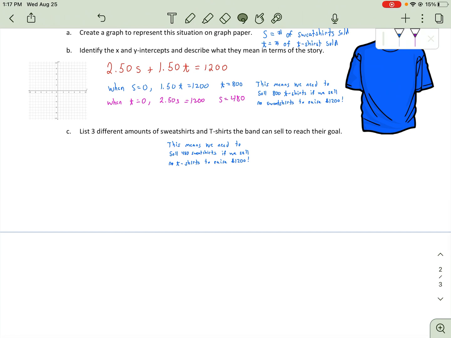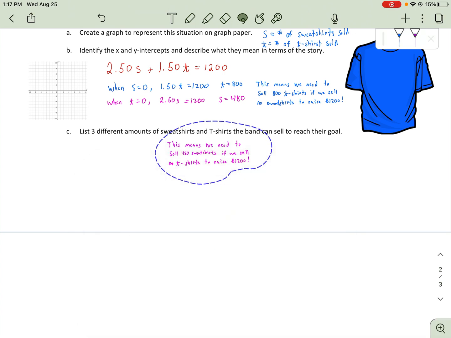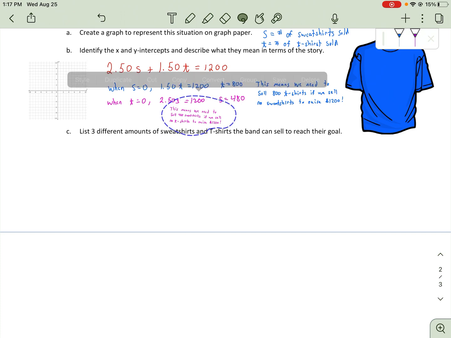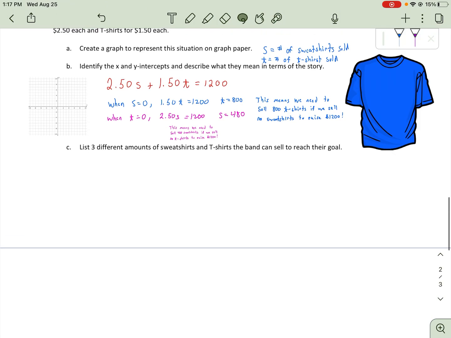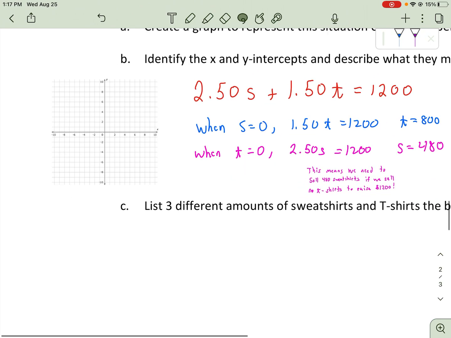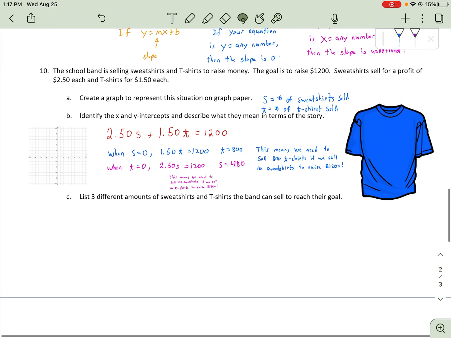Let me change the color of this one. Okay, good enough. And then we were actually supposed to graph this. So I'm going to use those 2 points. Now this grid is no good. I'm going to ignore those values because I had to graph 0, 800.